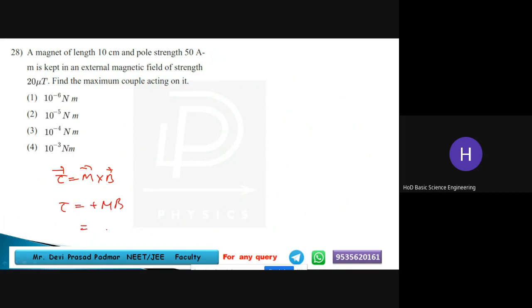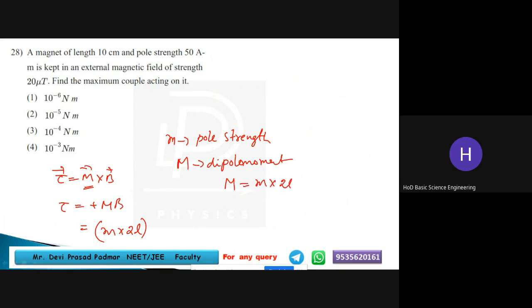Small m is pole strength and capital M is dipole moment. So M is nothing but m into L, into B. Just substitute the values. That is 50, right?